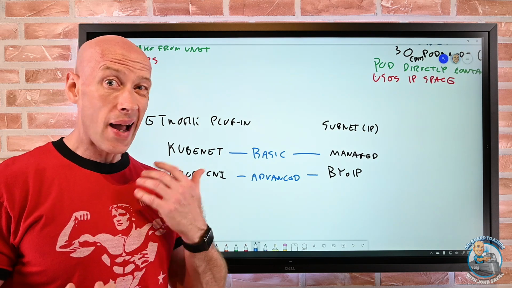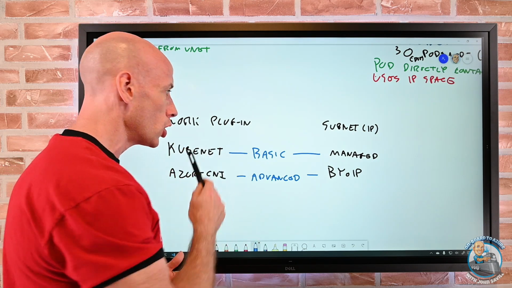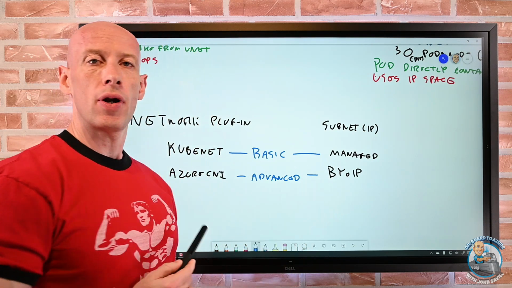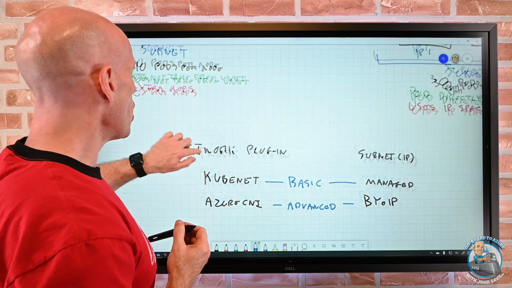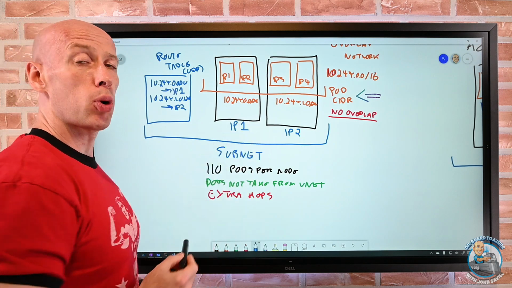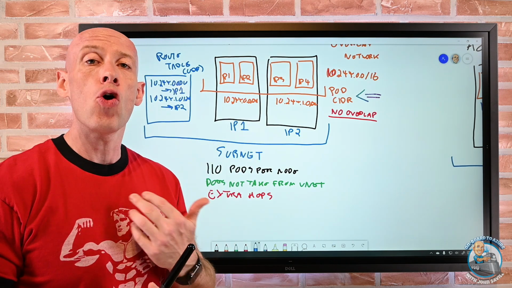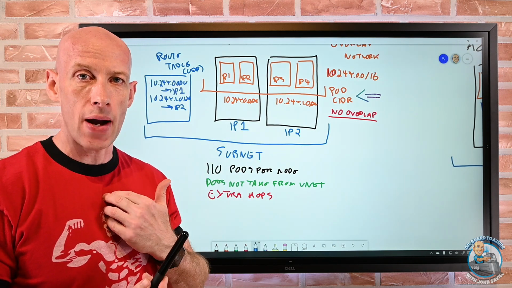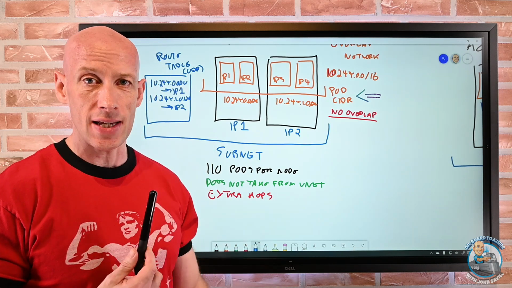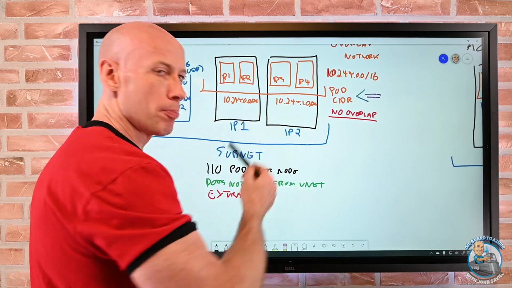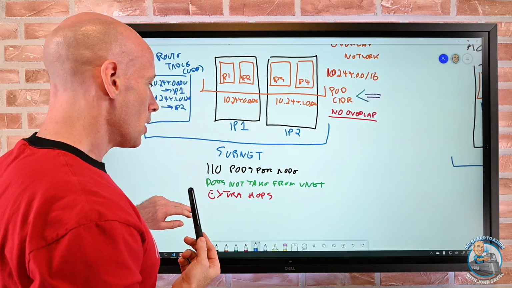Outside of the portal, I could absolutely say, hey, I want to use KubeNet, but I want to bring my own IP space. I want to use KubeNet, but those worker nodes, I want to deploy into an existing subnet I already have in my existing virtual network. I don't have to have it use a managed IP space that it creates itself. I can select what the pod range is.